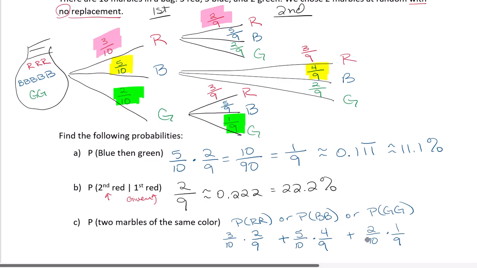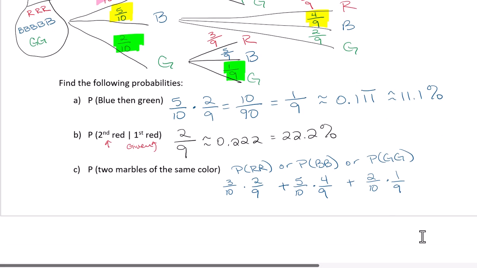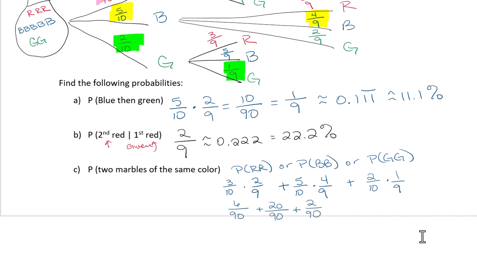Let me scroll up a little bit so we can write those answers down. That gives us 6 out of 90 plus 20 out of 90 plus 2 out of 90. This is why I didn't reduce anything, because if I do have to add them, I already have common denominators. So that gives me 28 out of 90, which reduces to 14 out of 45.